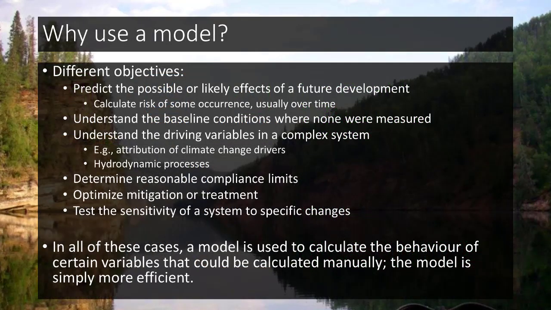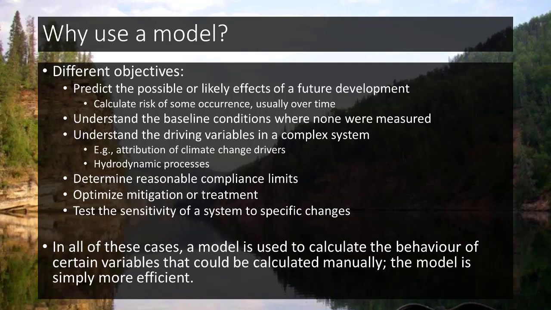So, what are some different objectives for using a model? In an environmental impact assessment, the number one reason is to predict the possible or likely effects of a future development. And that can be anything. It can be wildlife range, concentrations in air, odor, basically anything that we have some method of applying a numerical formula to.